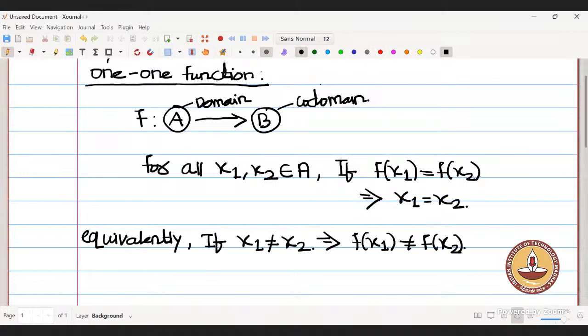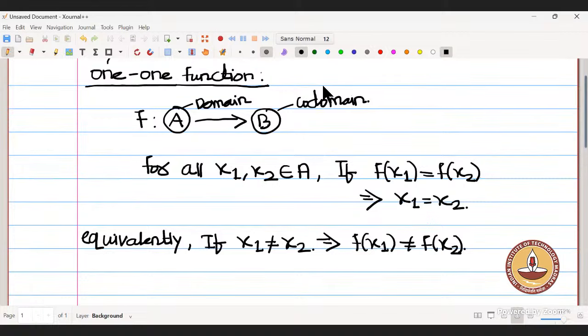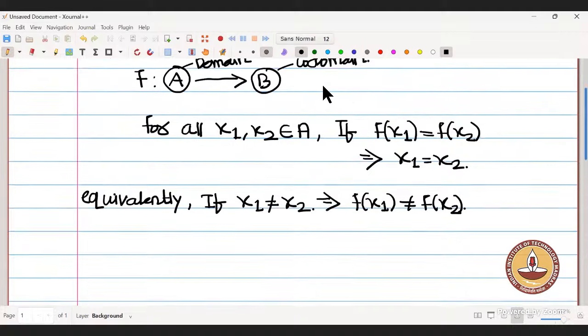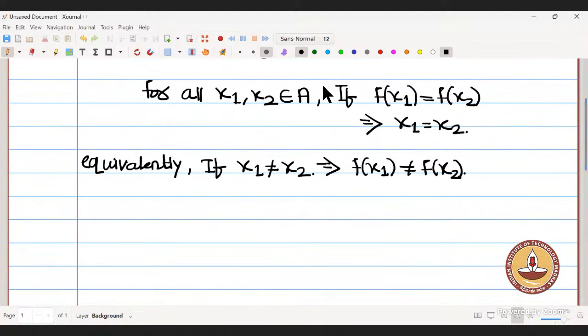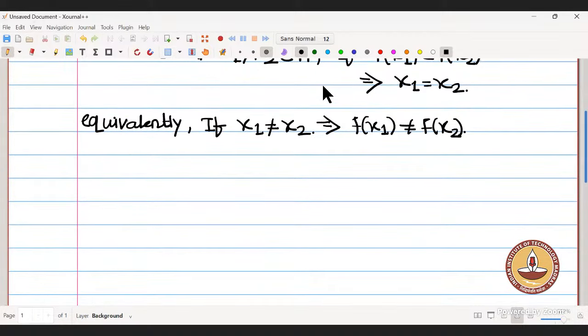So both the definitions are equivalent. You can use whichever is appropriate in your proof to show a function is one-one. Okay, so let's consider a few examples.